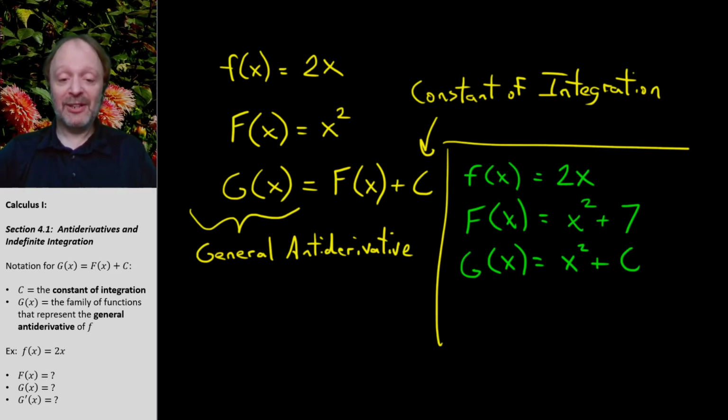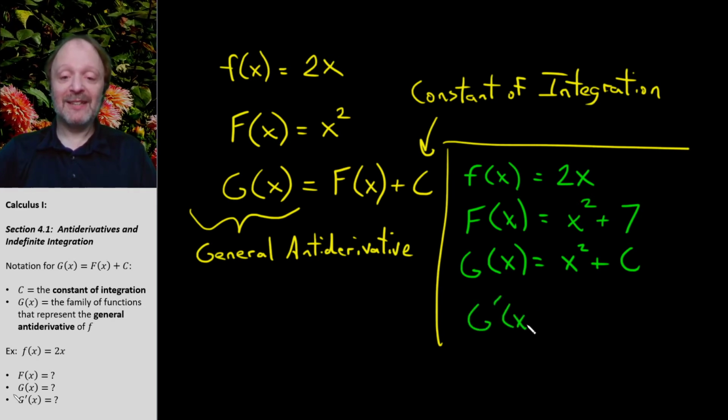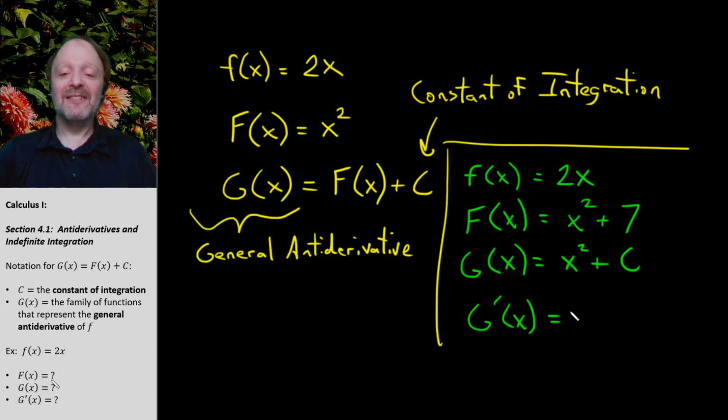But here is a very strange question. What is g prime of x, big G prime of x? What's the derivative of big G? Big G, what's his derivative? Right, the derivative of this is 2x.